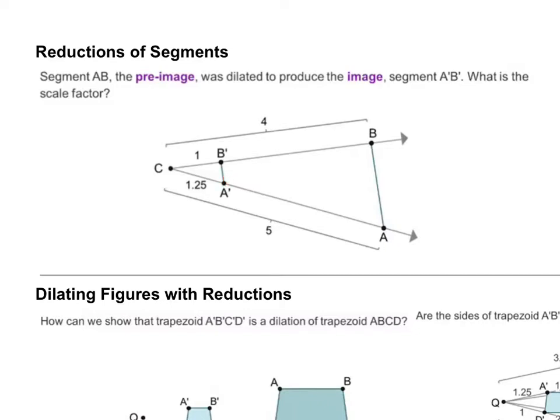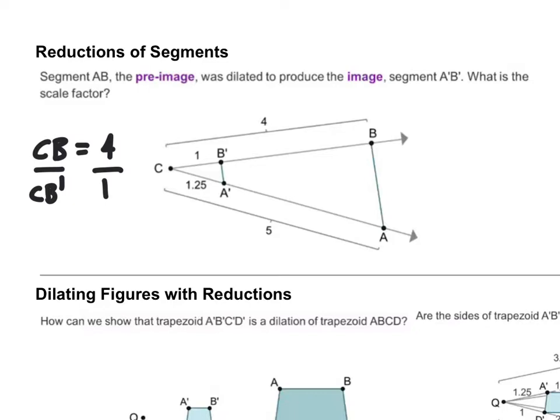Now what I know is that the distance from C to B is a total distance of 4. So CB is a distance of 4, and CB prime is a distance of 1.